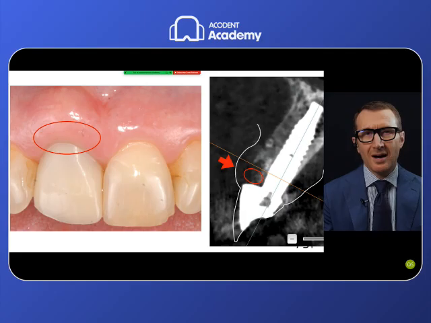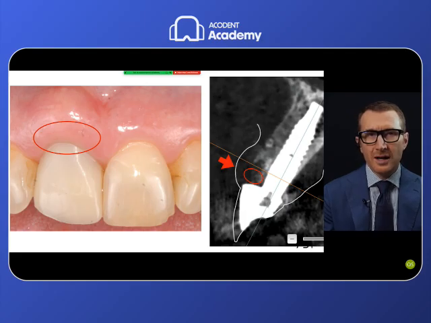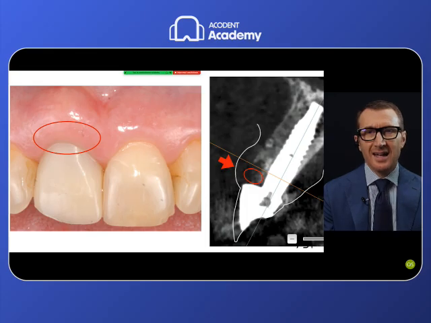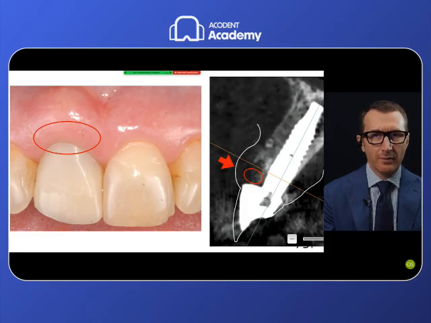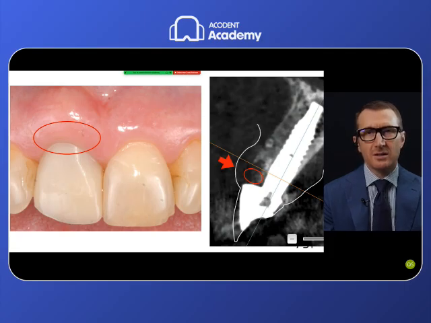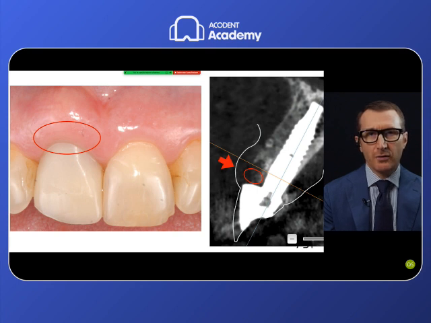And I want to underline one important aspect, because anytime we are talking about aesthetics around implants, we have to remember that we have 2 different compartments where we have to work. One is the bone, which is related to the rough part of the implant, and one is the soft tissue area that is affecting the emergence profile of the crown.